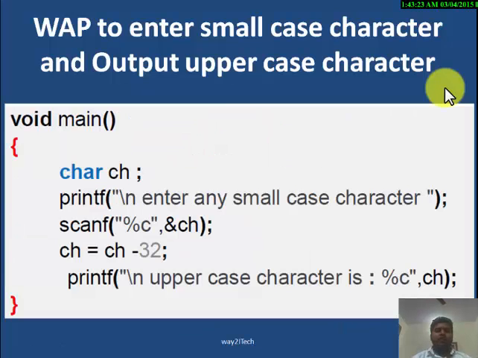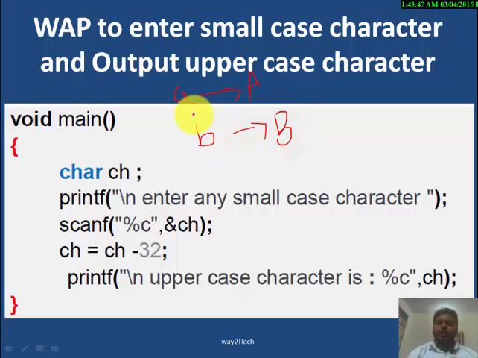The next program is to write a program to enter a small case character and output the uppercase character. So the user will enter small a and get output as capital A. Similarly, if the user enters small b, he will get output as capital B. The logic behind this is that the ASCII code of small a is 97 and the ASCII code of capital A is 65. The difference between both of these is 32.